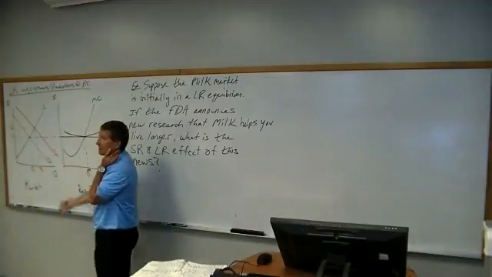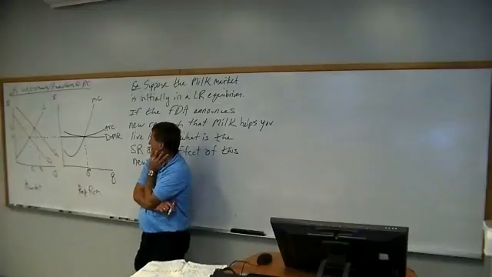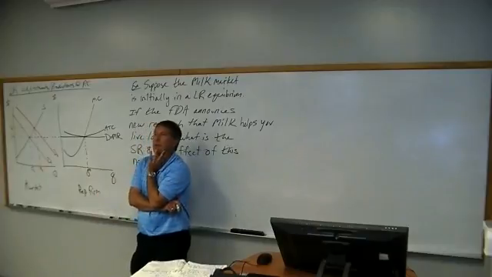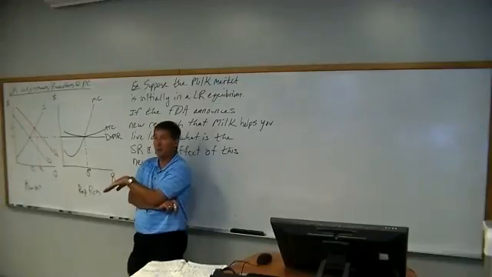But now we're telling this story about individual companies and their behavior. What did they do over here? What happened with the representative firm? Price went up, so their individual quantity went up, right?